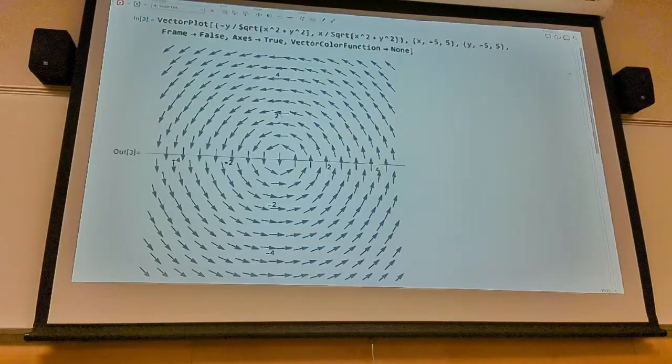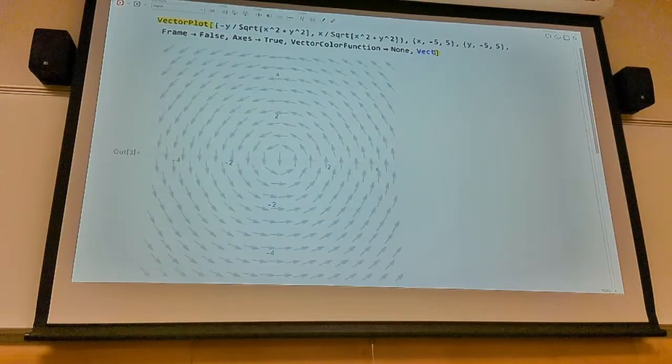Oh, okay. Right, because if you notice, they're all drawn to the same length. Vector style.